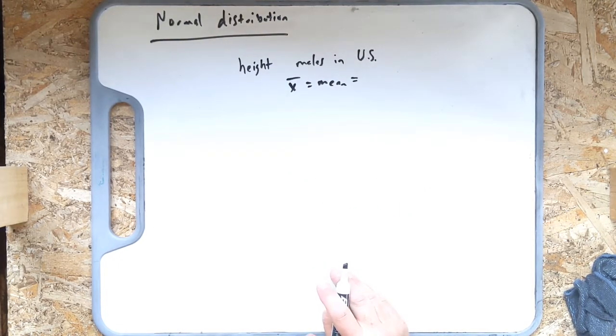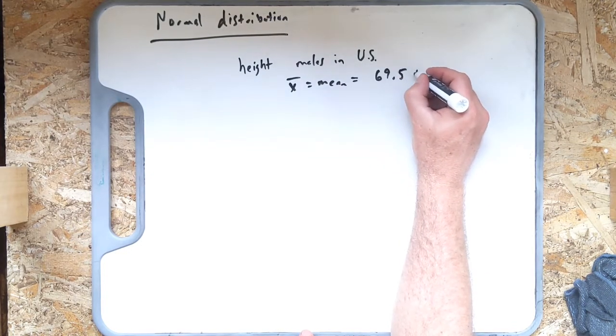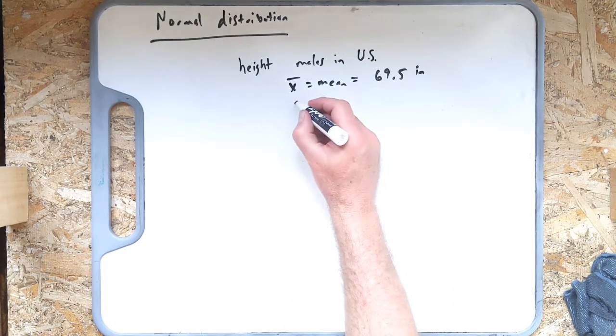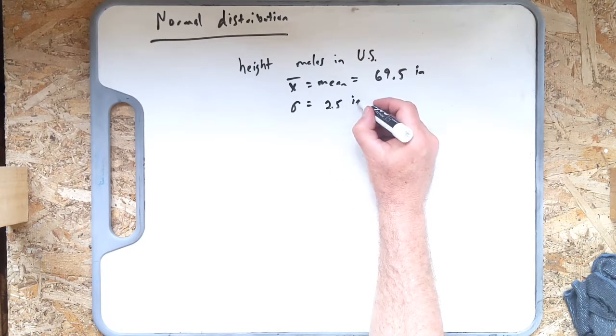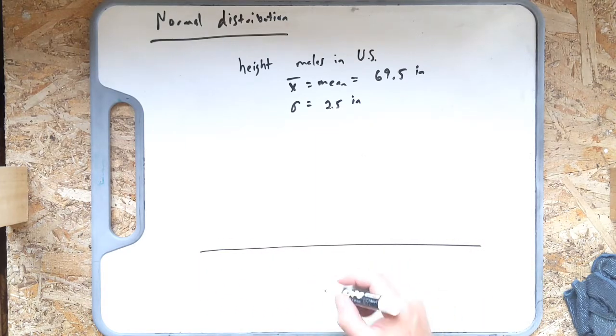The average height of an average male in America is 69.5 inches, which is 5'9.5", so roughly 5'10". And the standard deviation of the population is 2.5 inches. Okay, so I'm going to draw the bell curve of this, not just with theoretical plus or minuses on it, but the actual numbers.